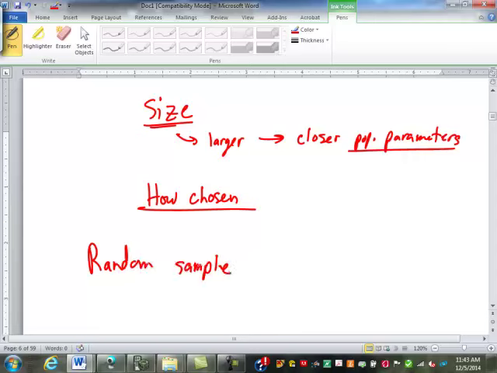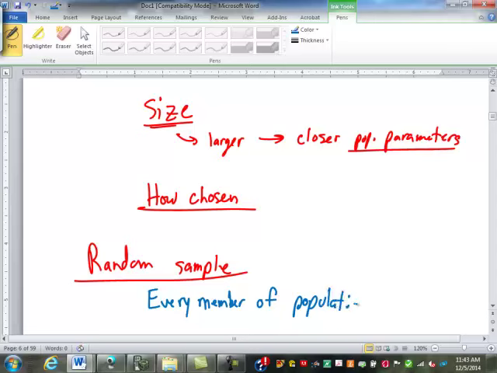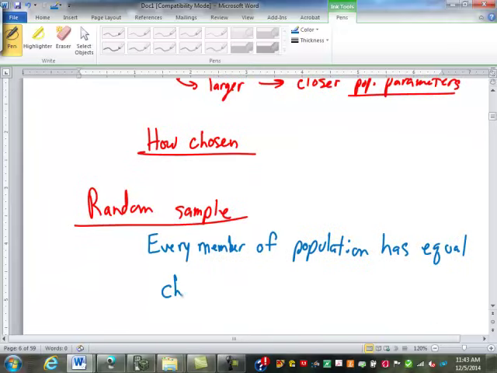What a random sample means is every member of the population has an equal chance of being in the sample.